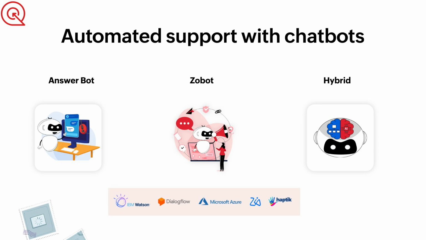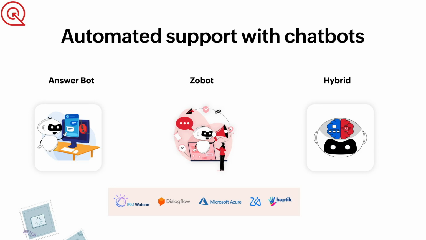Now a Zobot is more complex. A Zobot is like an AI chatbot. So you can take this kind of as far as you want depending on your proficiency, but Zobot is with either coding or no code. If you want to use the no code builder, it's like a drag and drop service.